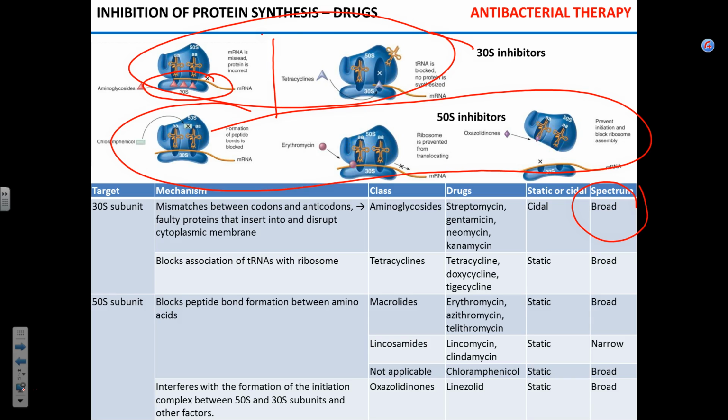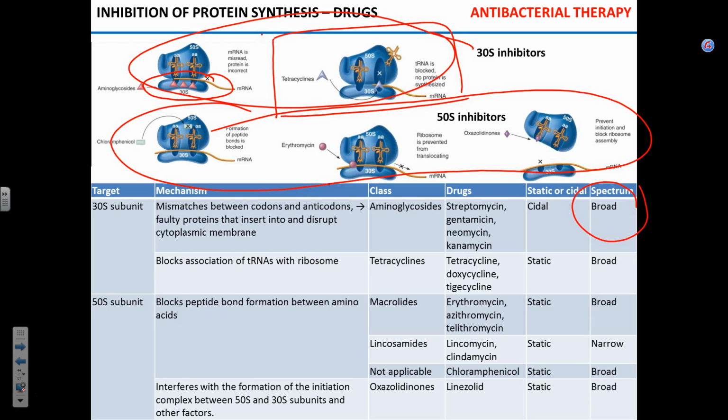Tetracyclines, which were discovered later, are considered to be maybe the antibiotics with probably the largest spectrum. They can be used to treat virtually any type of microbe: gram-positive, gram-negative, obligate intracellular parasites, spirochetes.